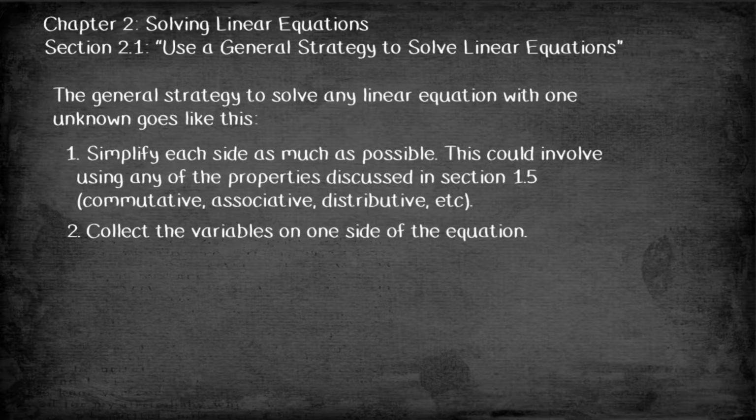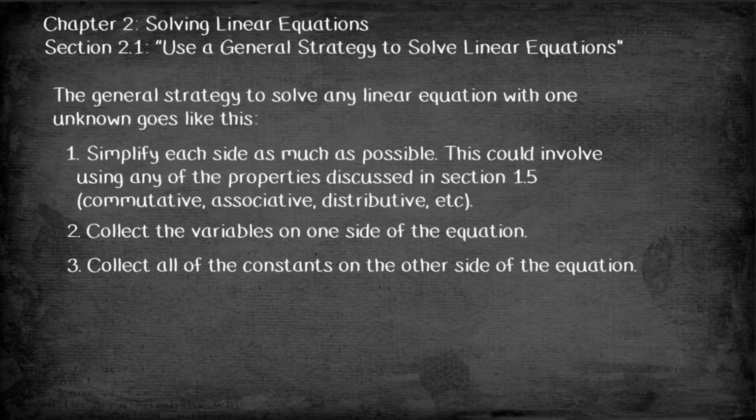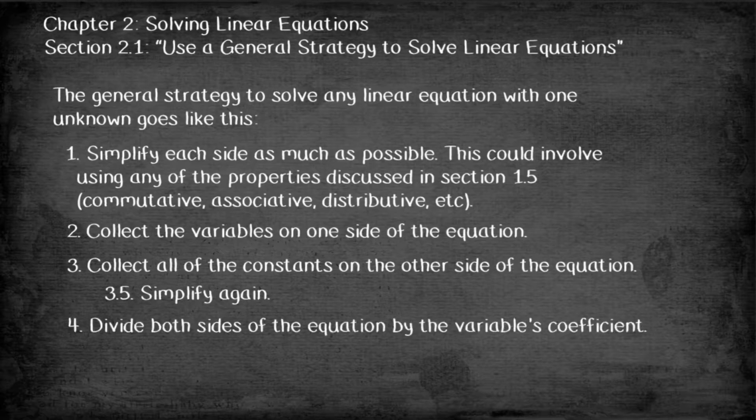You can do that by adding or subtracting to both sides. After you do that, you want to collect all the constants on the opposite side of the equation. You want to simplify again, if you need to. And then you want to divide both sides of the equation by the variable's coefficient. And what you're left with is the variable equal to the solution.